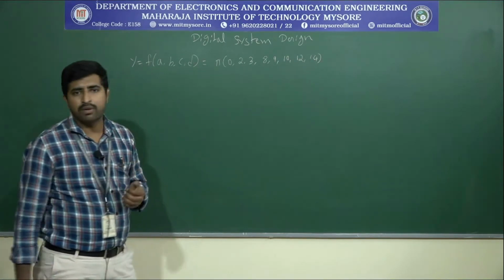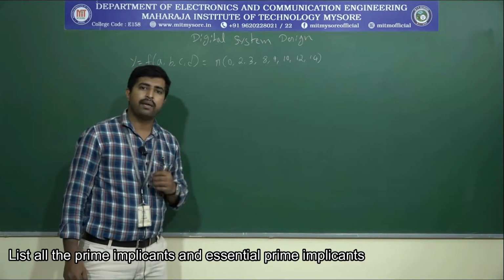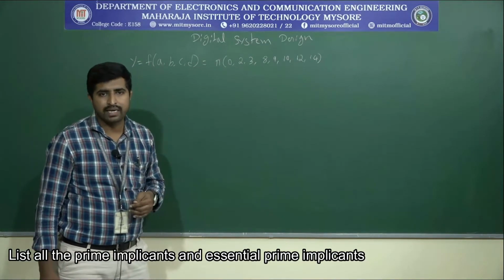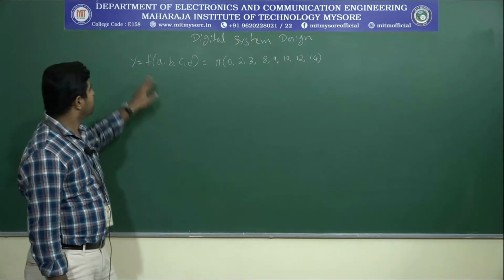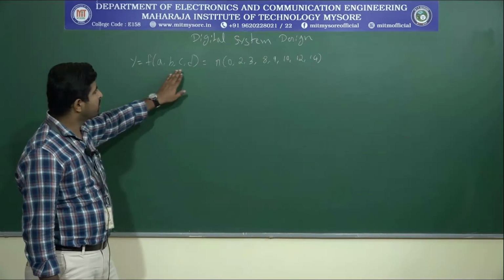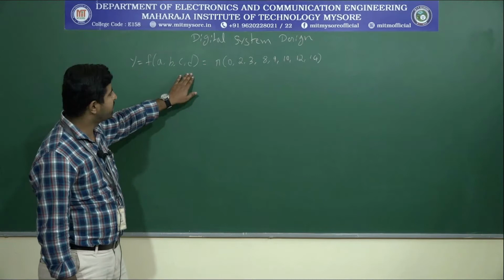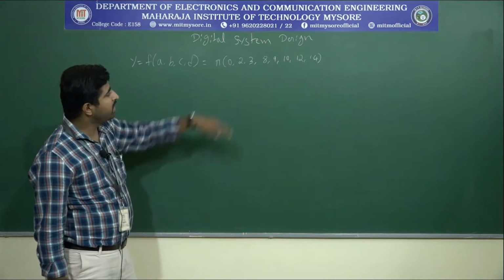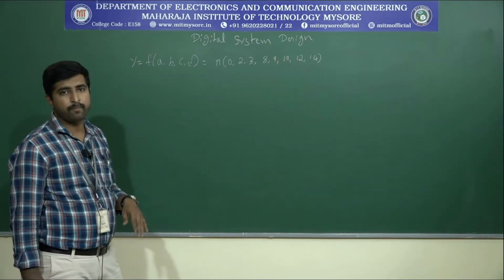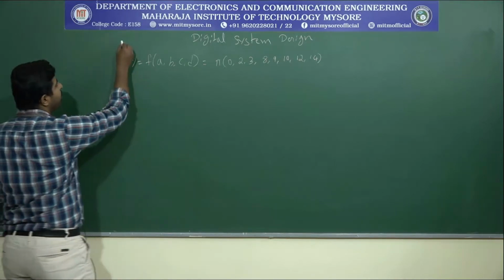The problem is: list all the prime implicants and essential prime implicants for the given function y equals f of a, b, c, d equals Pi of 0, 2, 3, 8, 9, 10, 12, 14. They are asking for the prime implicants.